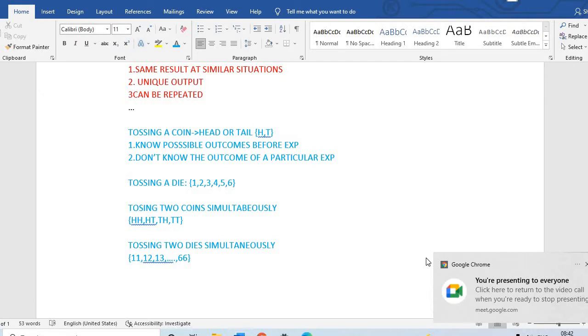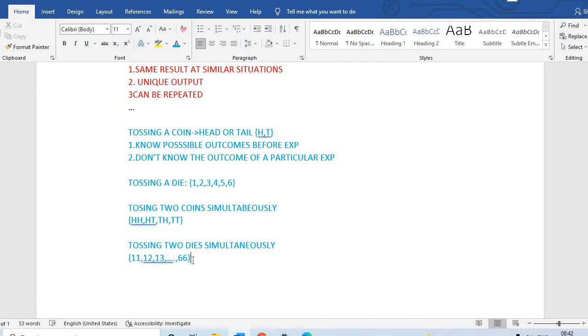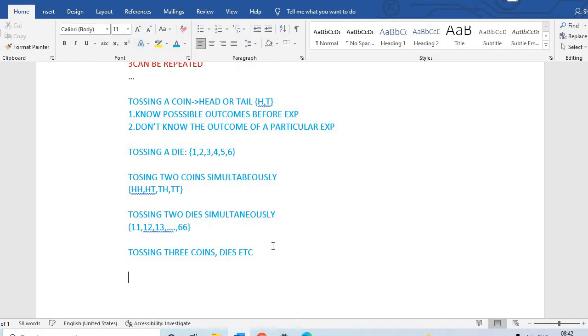Tossing two dice simultaneously is another example. Similarly, we can consider three coins or dice, etc. So these are all examples of random experiments.